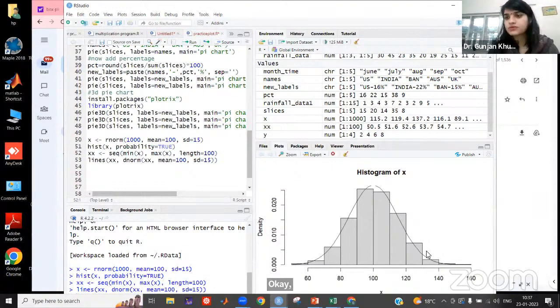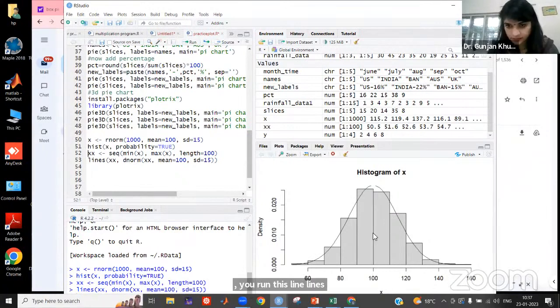The normal distribution curve is symmetric about the mean. And you see 100 is the mean. And if you run this line XX D norm, then you get that this curve is clearly symmetric about the mean, that is 100.